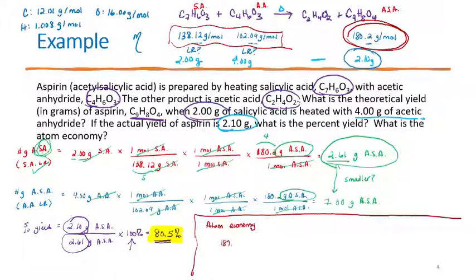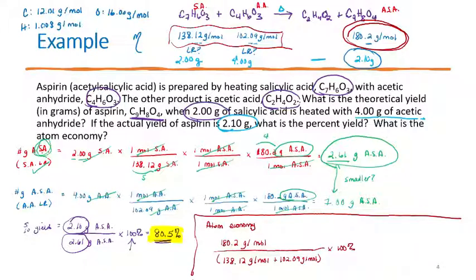So 180.2 grams per mole divided by the sum of 138.12 grams per mole plus 102.09 grams per mole times 100%. So go ahead and plug in your calculator.